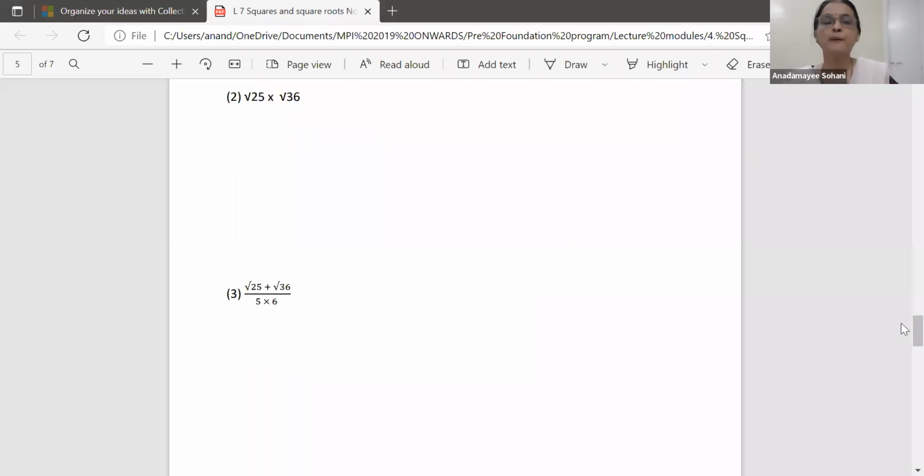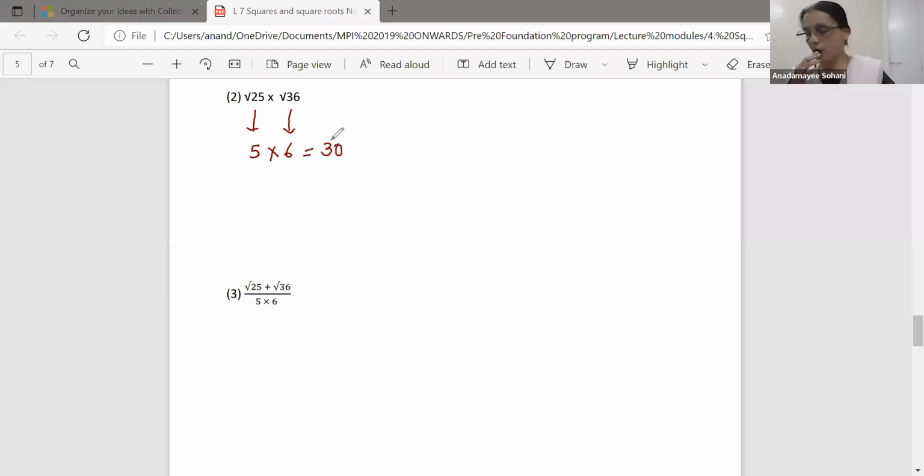Then square root of 25 into 36. Square root of 25 is 5. Square root of 36 is 6. 5 multiplied by 6 is 30. So the positive answer of this is 30. Then third is root 25 plus root 36 upon root 25 into root 36.